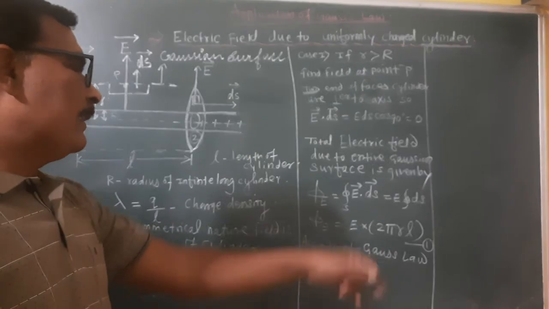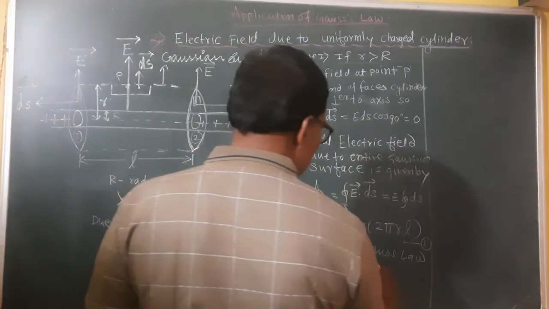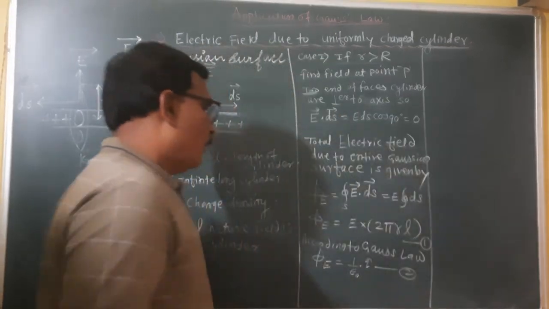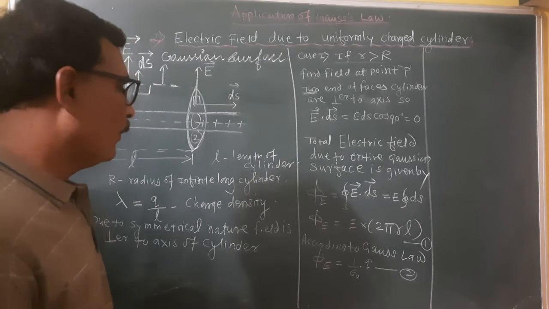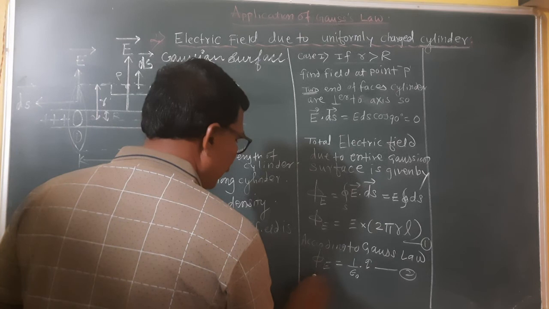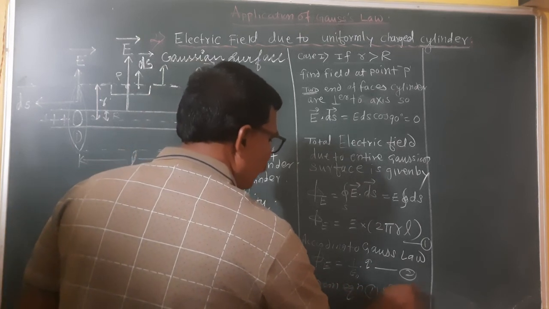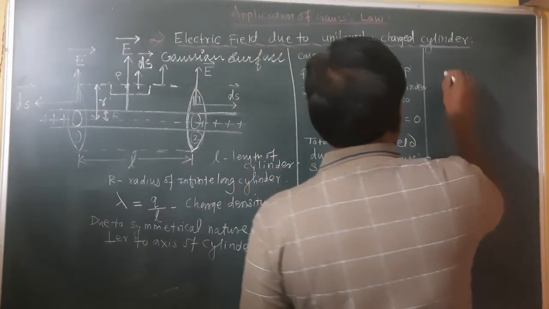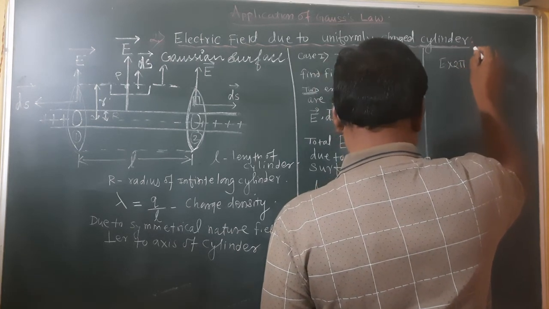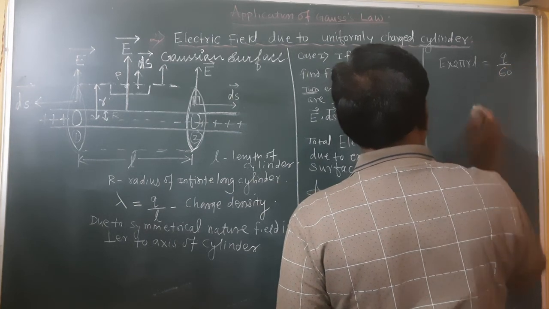That is phi is equal to q upon epsilon 0, and this is equation number 2. From 1 and 2, we write E into 2 pi R L is equal to q upon epsilon 0.